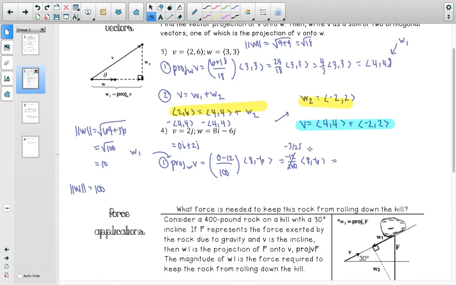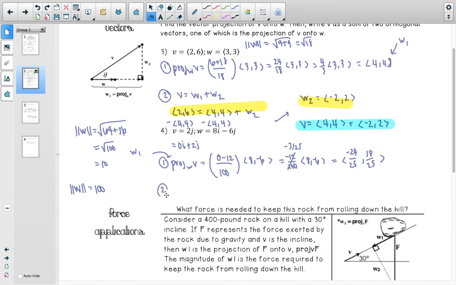So if you were to go ahead and put that through, you would get negative 24 over 25 and 18 over 25. And the signs flip because there's that negative right there. So just keep that in mind because that 0 kind of messed with you. So that's your projection vector.